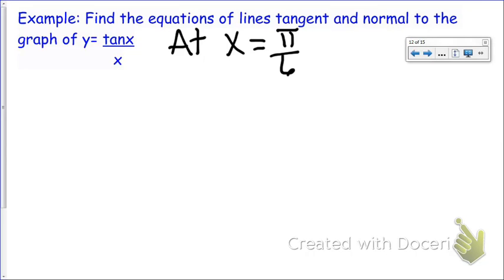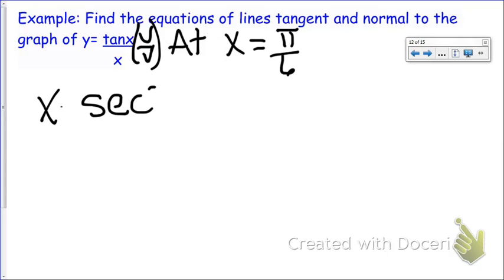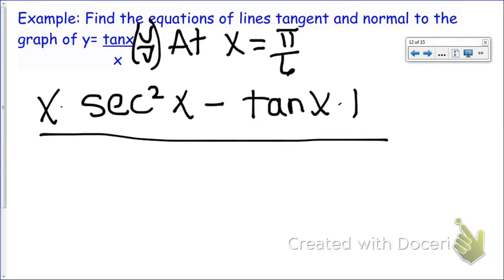We'll use the quotient rule to find the derivative. We start with our v times derivative of tangent is secant squared minus tan times derivative of x is 1, divided by x squared. So this is dy dx.